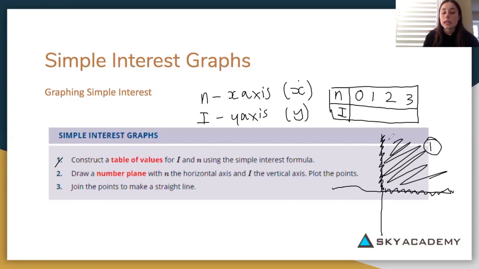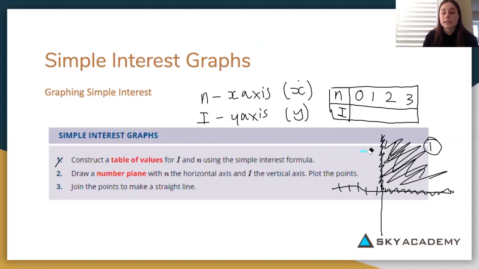This quadrant is the only one where every value is positive. If we were to use this second quadrant, you would have negative values along this axis, and you can't have negative time. So that's why we can only use this top quadrant.